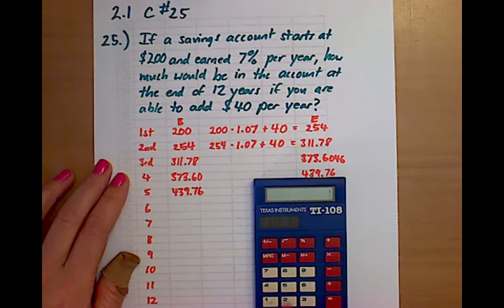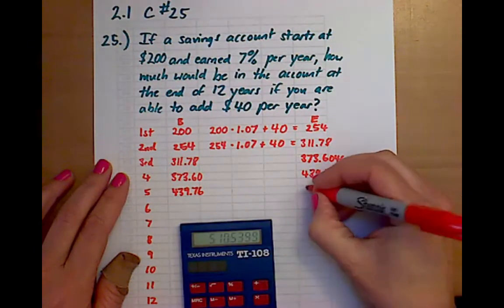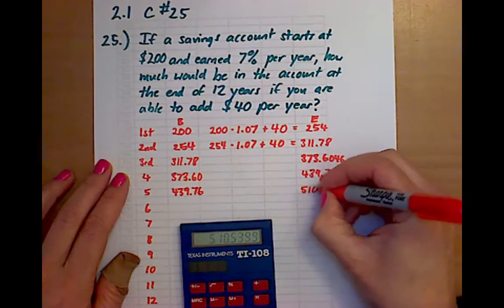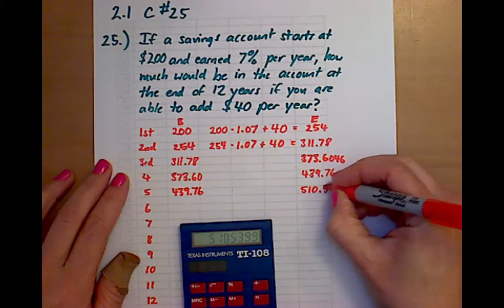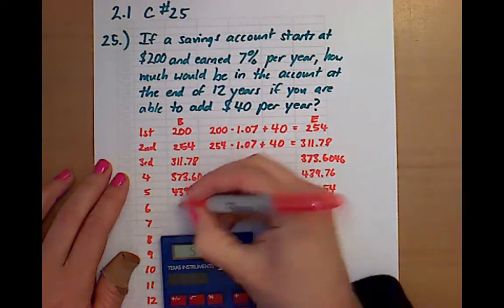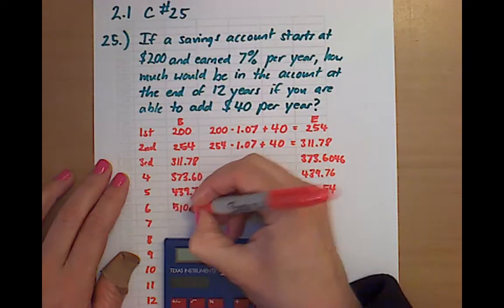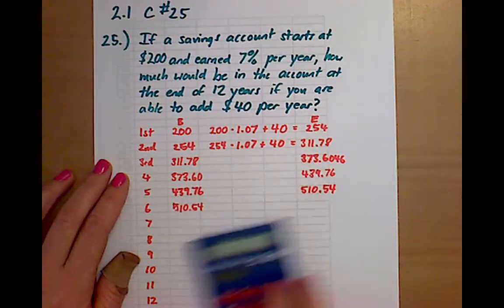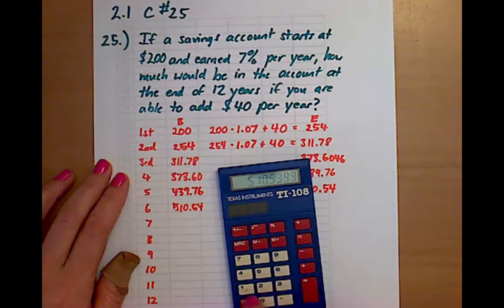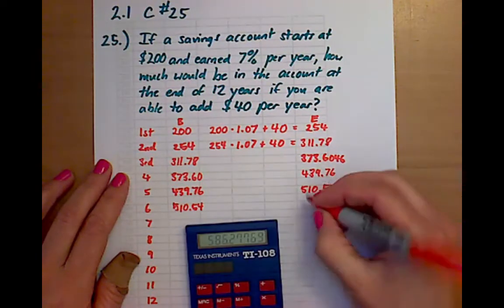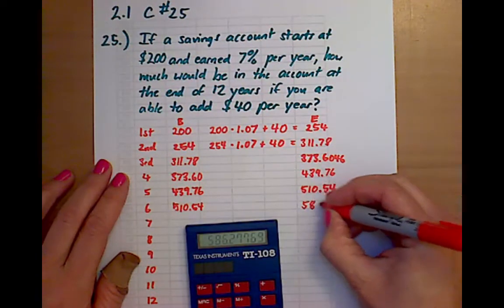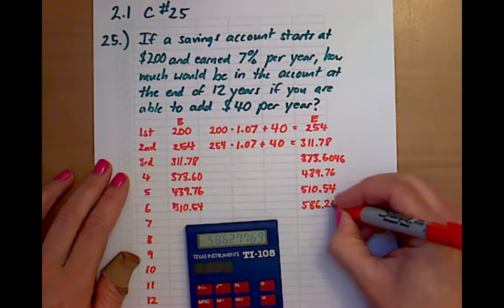Times 1.07 plus 40, you get 510.54, times 1.07 plus 40 gives us 586.28.